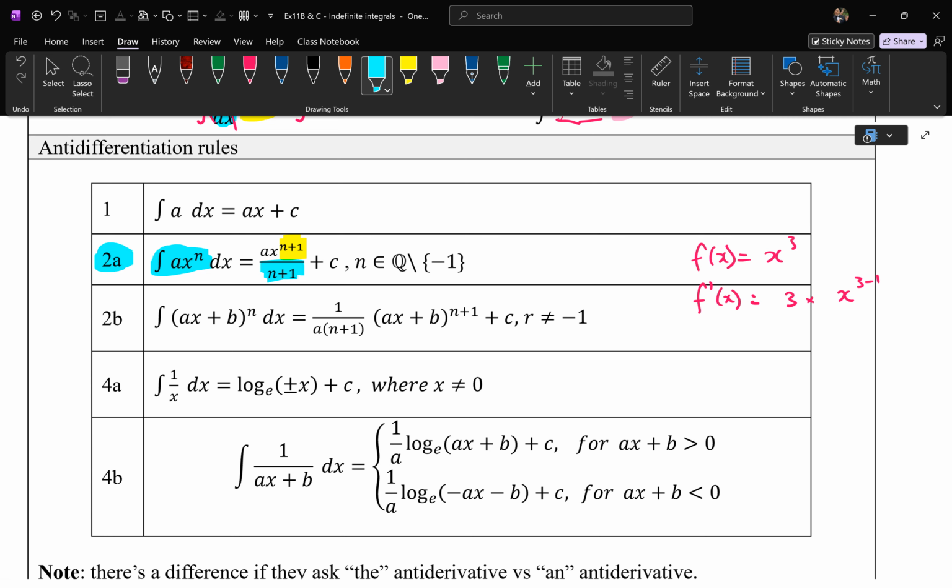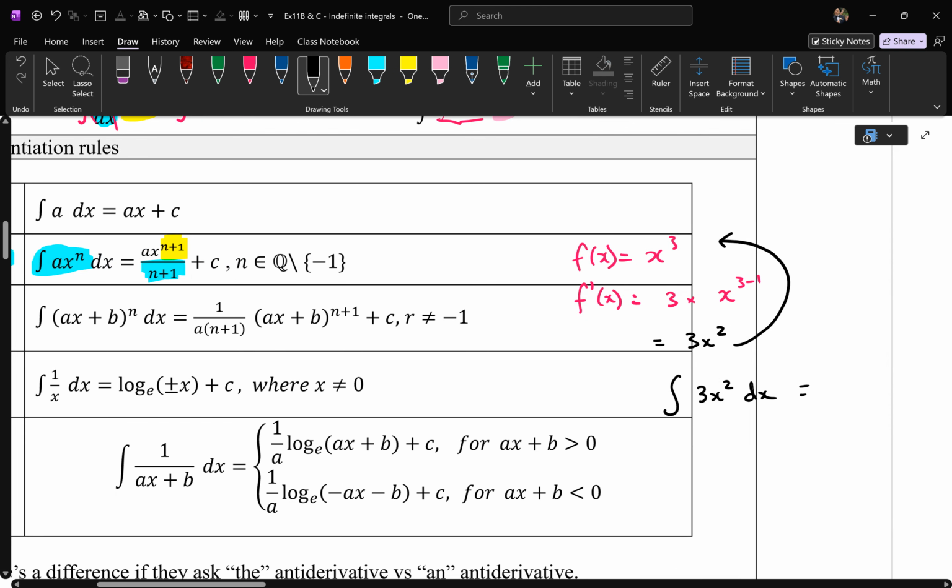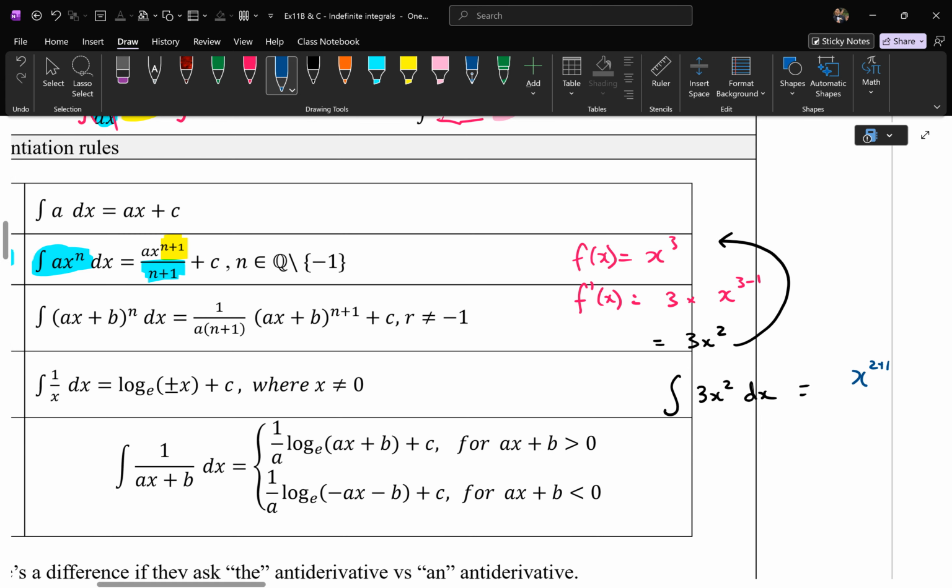So if I wanted to go back from this step, the answer here is 3x squared. If I want to go from 3x squared back to the function, so if I antiderive 3x squared, don't forget the dx, then according to the rule, I need to add 1 to the power. So it'll be x to the power of 2 plus 1, so it makes it back to the 3 that I want. But remember, you had this 3 at the front.